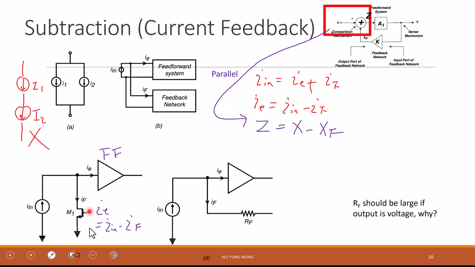You are doing the subtraction. What should be the input impedance or the output impedance? Because this is the output of the feedback network. This is the output, right? Because this is the input, I sense it, and then this is the output. What should be the output impedance when I do current subtraction? Do you want it to be large or small?